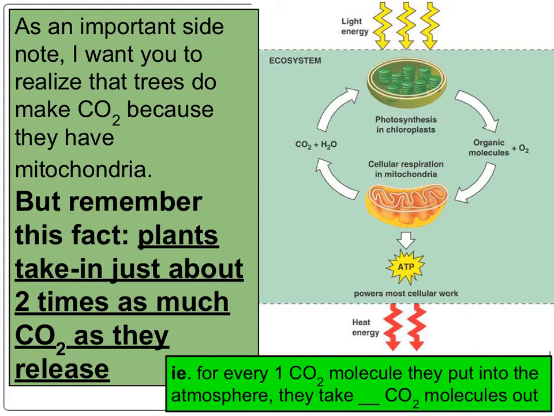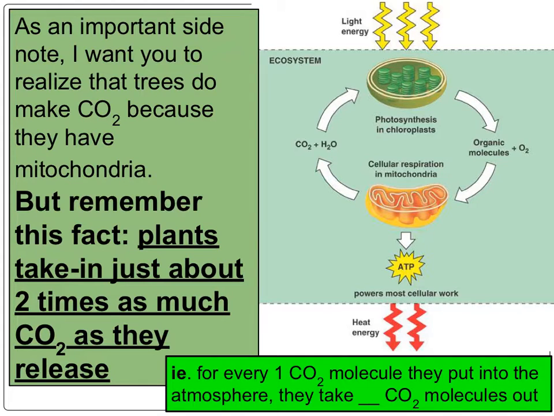Well, remember this fact. Plants take in just about 2 times as much CO2 as they release. So they absorb twice as much CO2 as they release. So they do release CO2, but they absorb way more. So try to finish this.